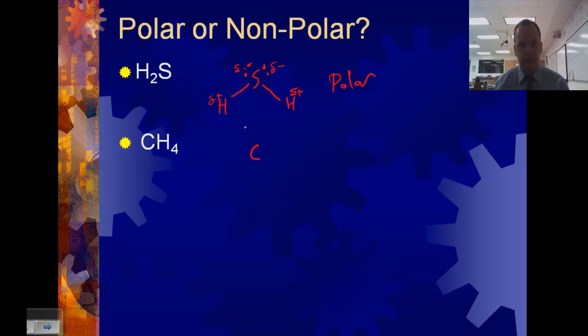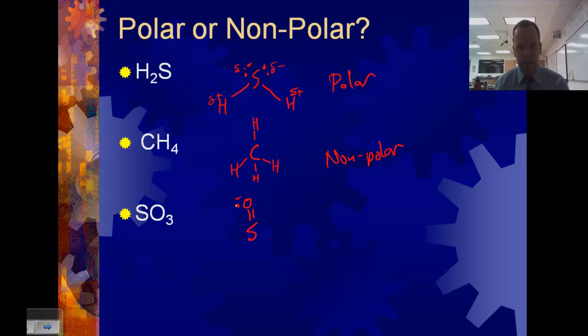CH4, tetrahedral. Everything around the outside would be positive, the middle would be negative. This would be nonpolar. And SO3. Remember, this is one of those molecules that has resonance.